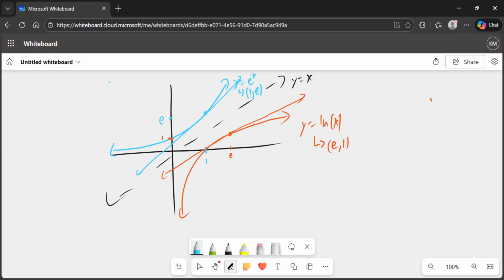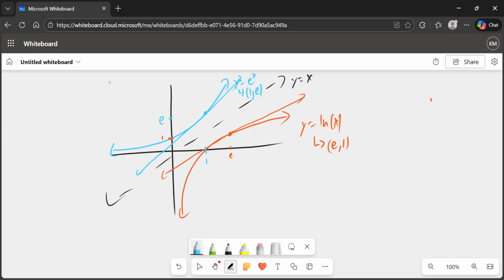I should have drawn this more extremely, but this slope is flipped because it reflects off of y equals x. This slope is growing at 1 over the rate of this slope.